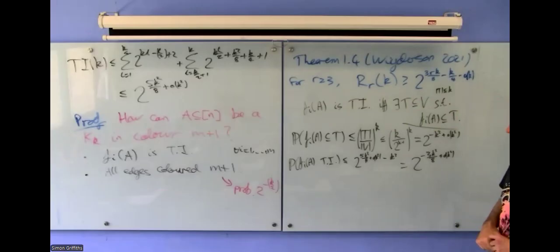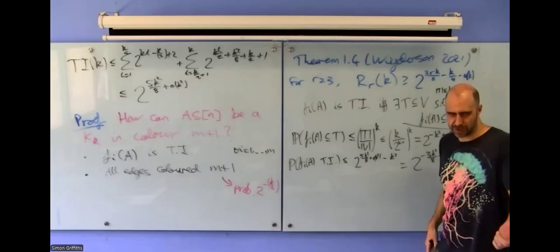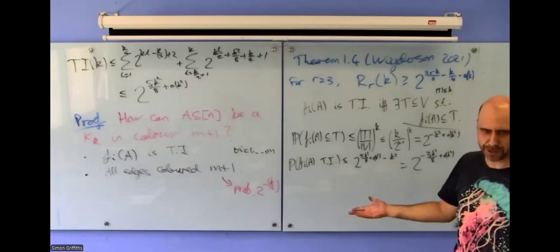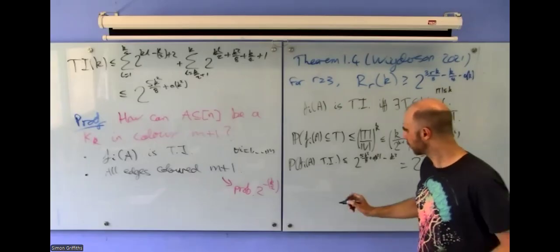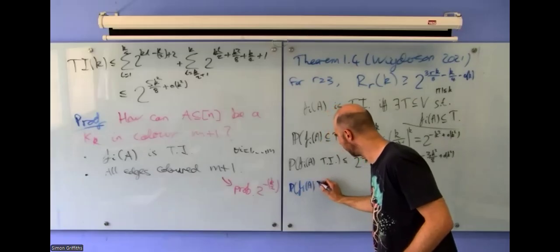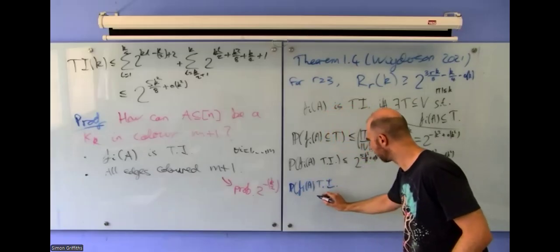Right. That was for one of these random functions, but all of the random functions are independent. So what's the probability that the same thing happens for all i from 1 up to m?